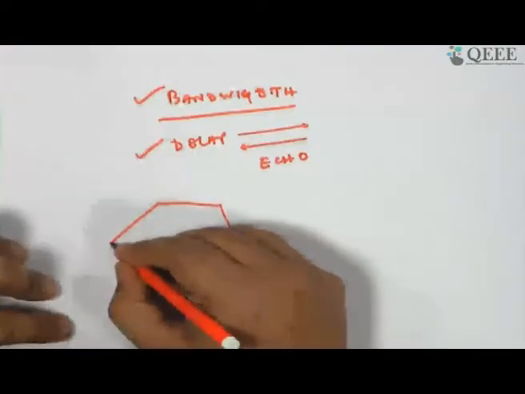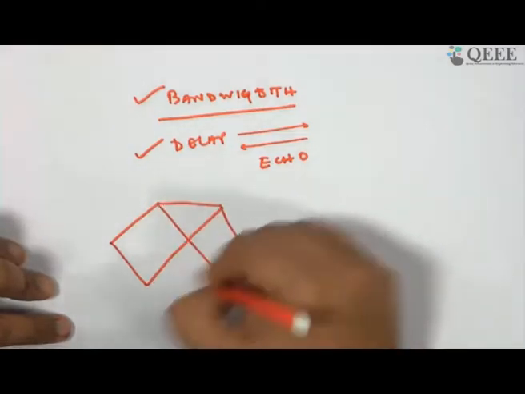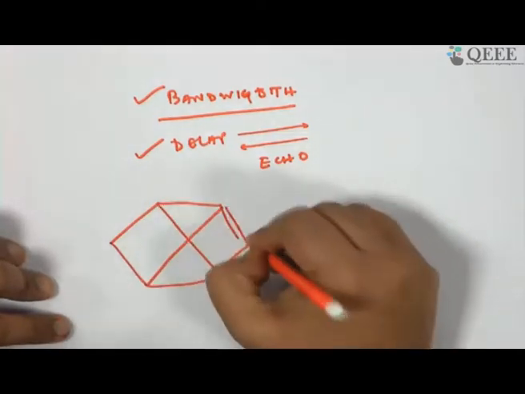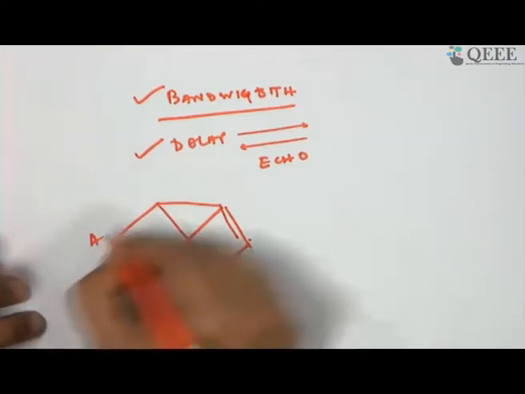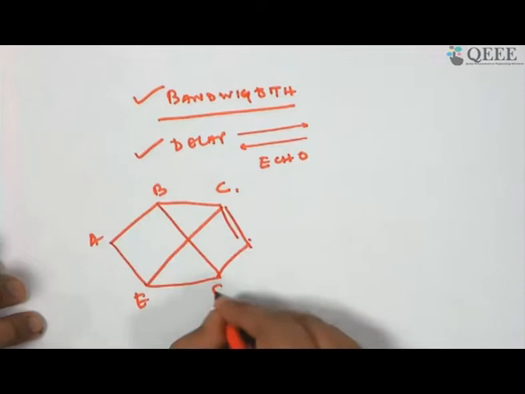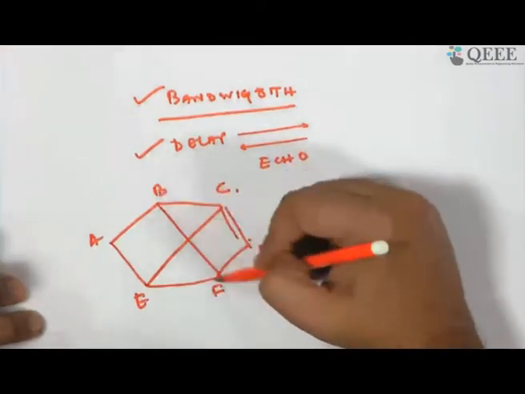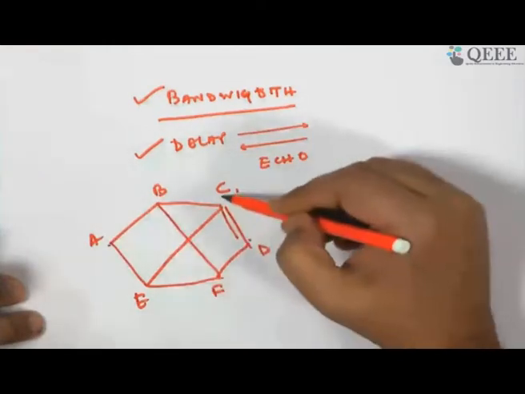Now once you have set the link cost, this is the network, okay. This is the network A, B, C, E, F, D, and who are neighbors of B? F and A. Who are neighbors of C?